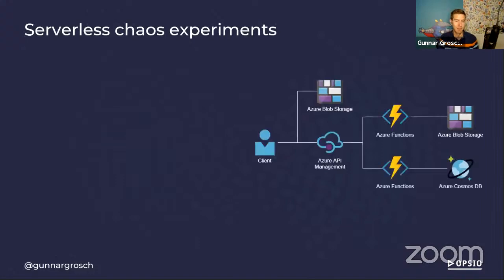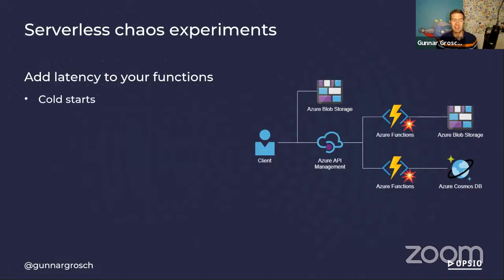And then on to perhaps the mother of all serverless chaos experiments, the latency experiments. So we can add latency to our functions. And by adding latency, we're able to do quite a few things. For instance, we can simulate cold starts. That first time your function runs, or when it's scaling, when a new invocation of the function runs, to simulate those cold starts to see how it behaves.